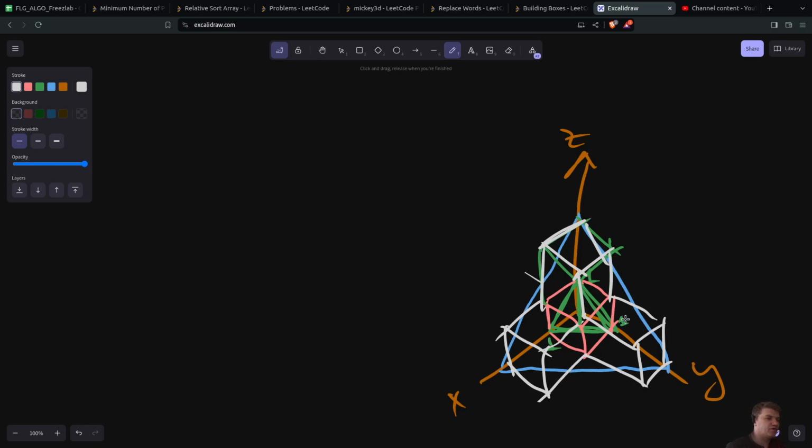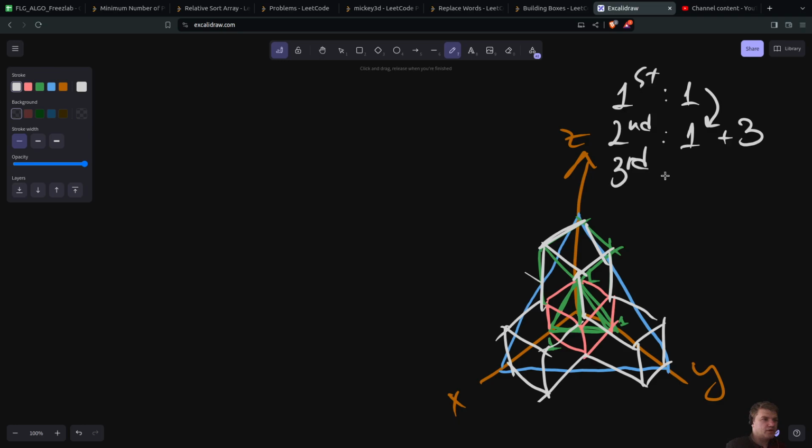So on the first level I have one box. On the second level I'm gonna have one box from here plus three boxes.